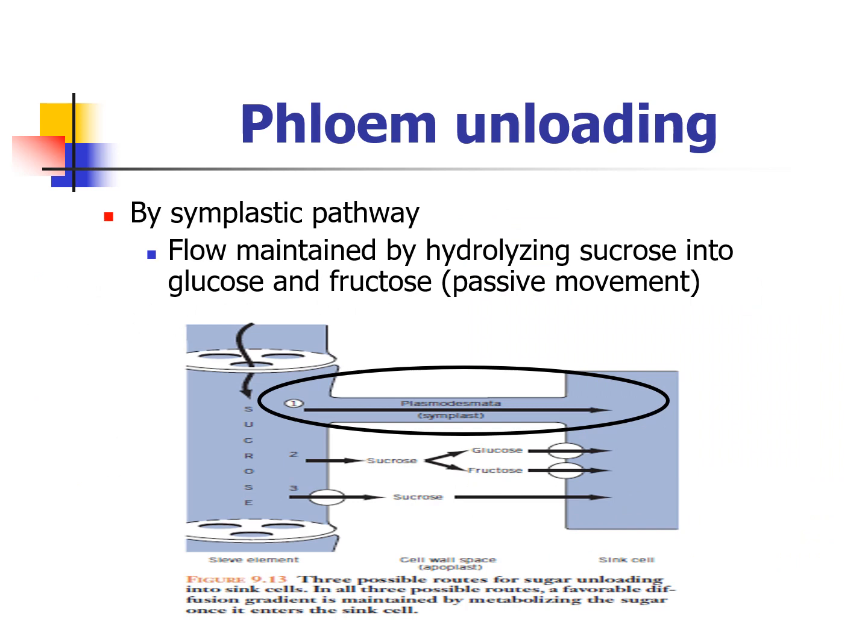In the symplastic pathway, the sucrose flows via the interconnecting plasmodesmata down a concentration gradient from the sieve element companion cell complex to sites of metabolism in the sink. The gradient, and consequently the flow into the sink, is maintained by hydrolyzing sucrose into fructose and glucose.